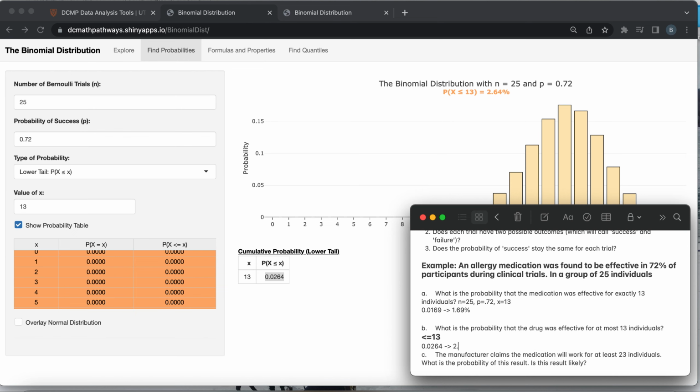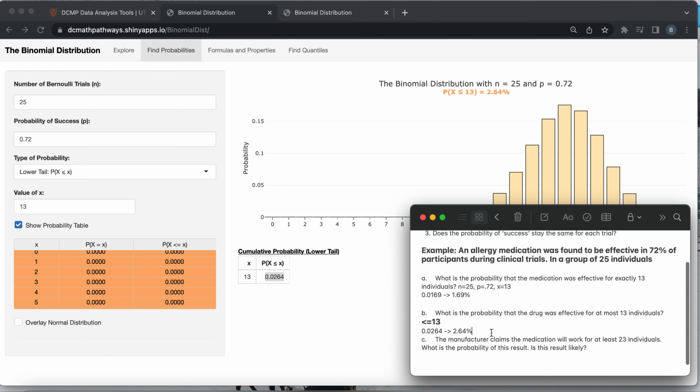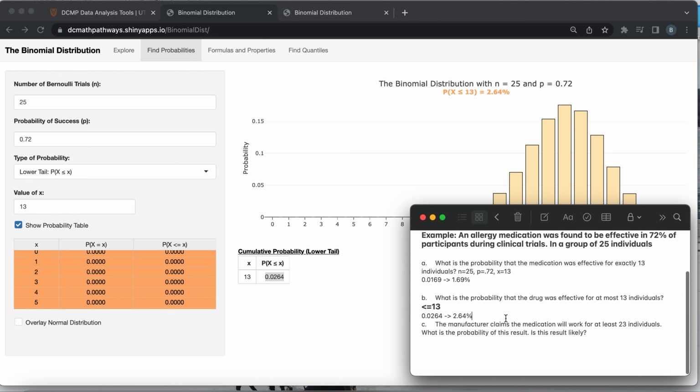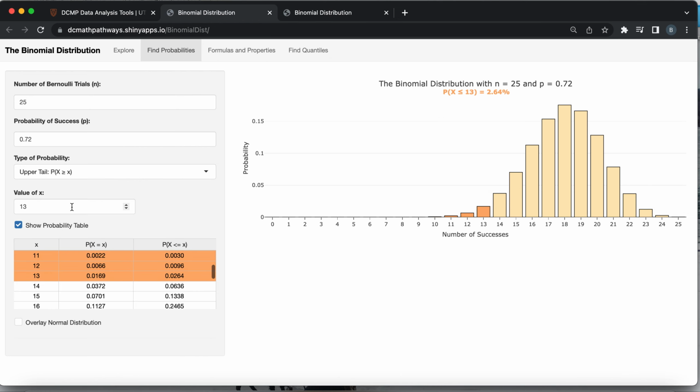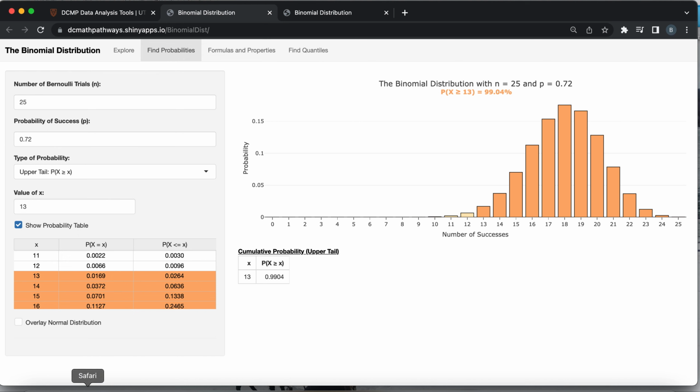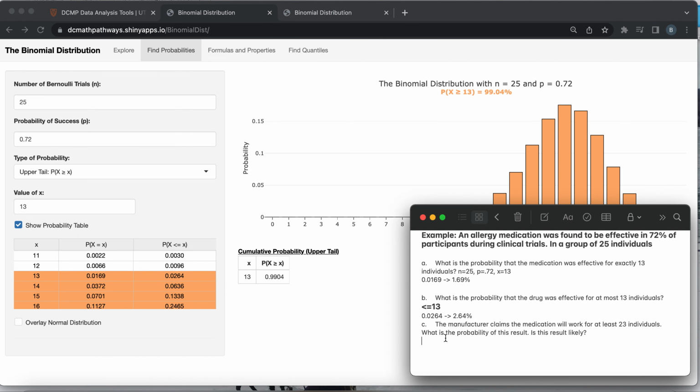And then our last one says the manufacturer claims the medication will work for at least 23 individuals. So let's do at least 23. At least, that's going to be greater than or equal to 23.